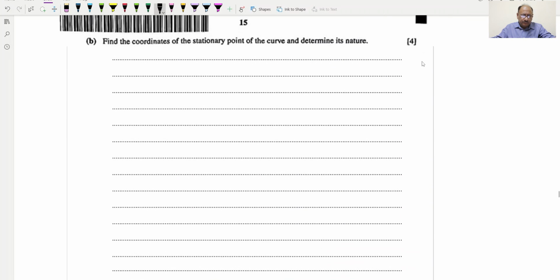Now the B part says, find the coordinates of the stationary point of the curve and determine its nature also, and this is a 4 mark question. For stationary points we put dy by dx equal to 0, and our derivative is 3 minus 6 into 3x plus 1 raised to the power minus 1 by 2, set equal to 0.